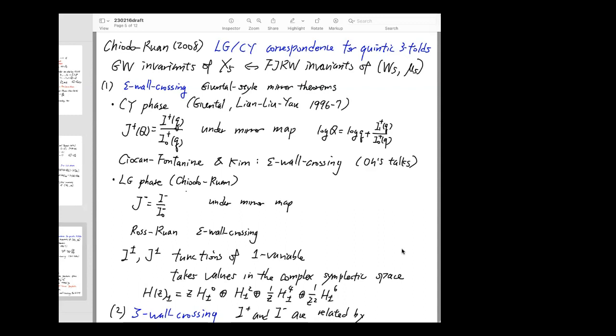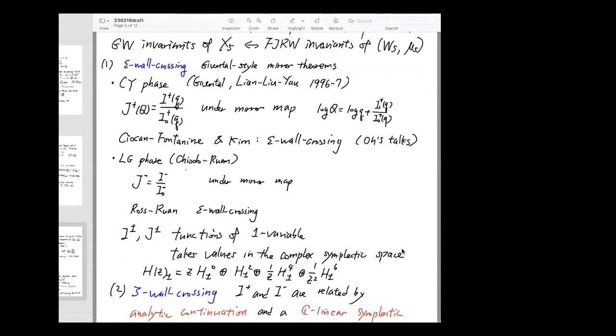In the Calabi-Yau case, this was first proved by Givental and Lian-Liu-Yau, and Ciocan-Fontanine and Kim interpret this as epsilon wall crossing, and they have stronger results. And in the Landau-Ginzburg phase, Chiodo and Ruan actually prove a Givental-style mirror theorem also, of the form that J is related to I under a mirror map.